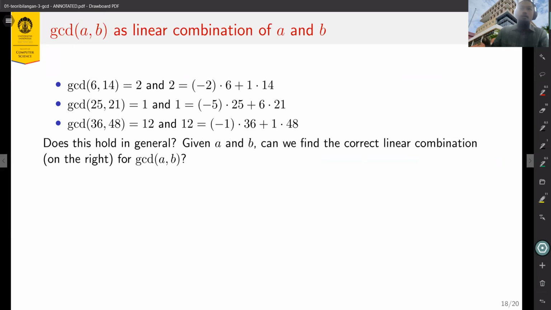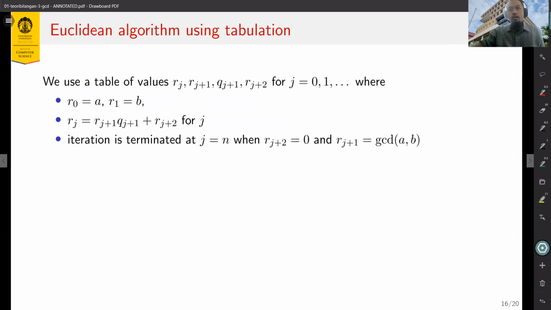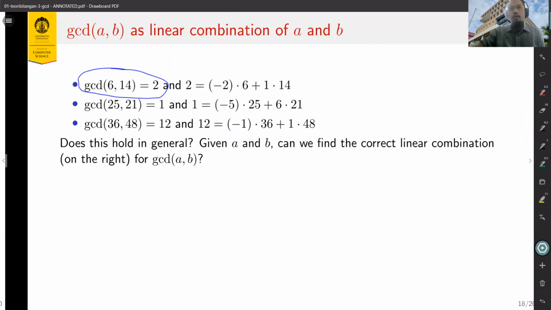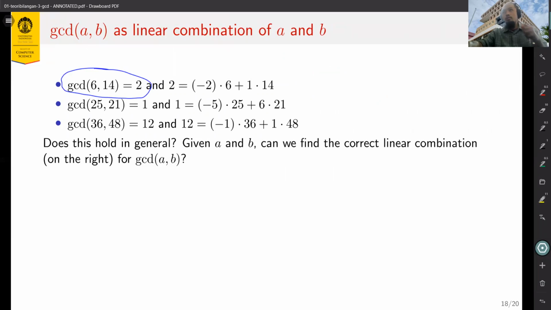We want to show that if you have a GCD, then it can be written as a linear combination of the numbers. By the way, this is tabulation, so we could use tabulation, but this one is easier to understand.